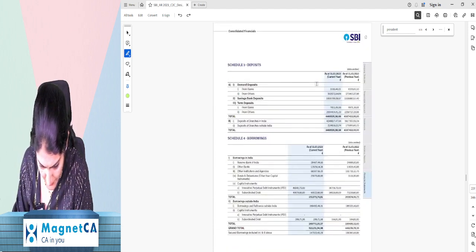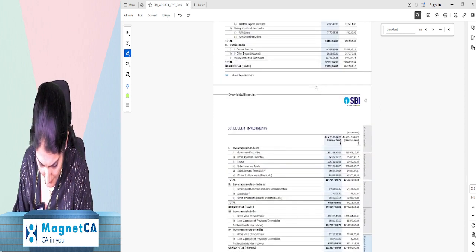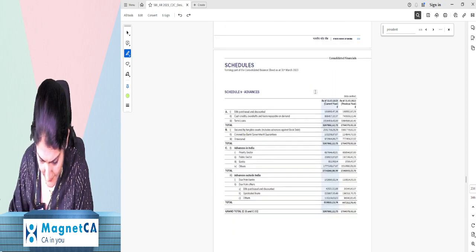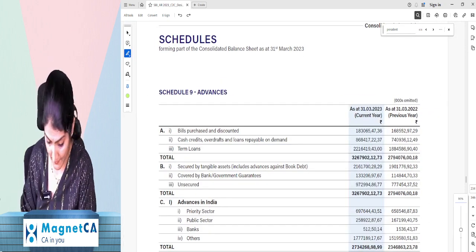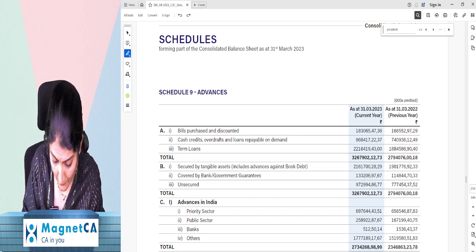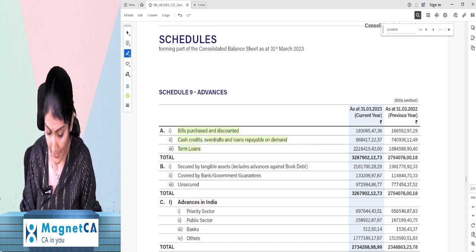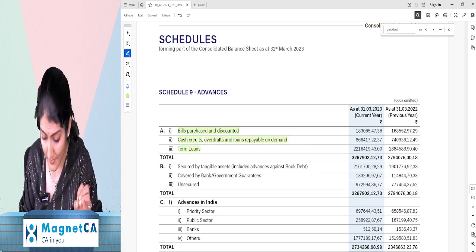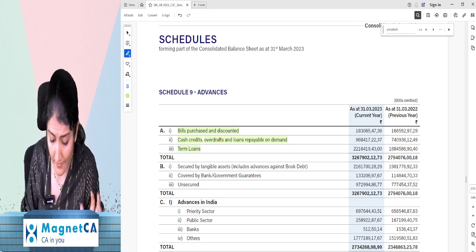Then you see the advances of the State Bank of India. What does it talk about the advances? Bills purchased and discounted, cash credit, overdraft, loans repayable on demand, term loan. So BCT. What is BCT? Bills purchased discounted, cash credit, OD, ROD, and the term loans.